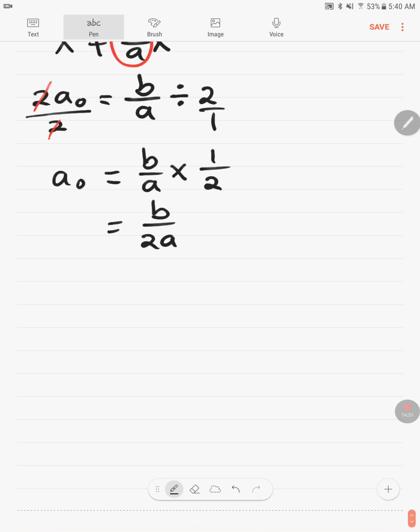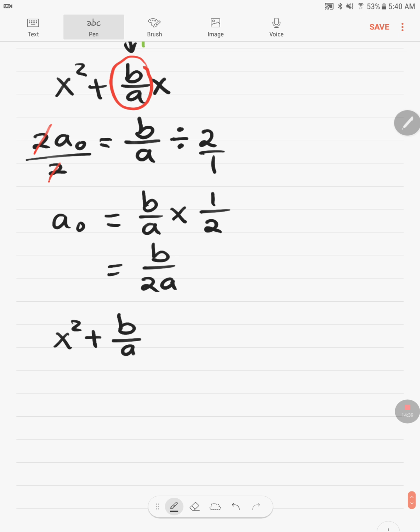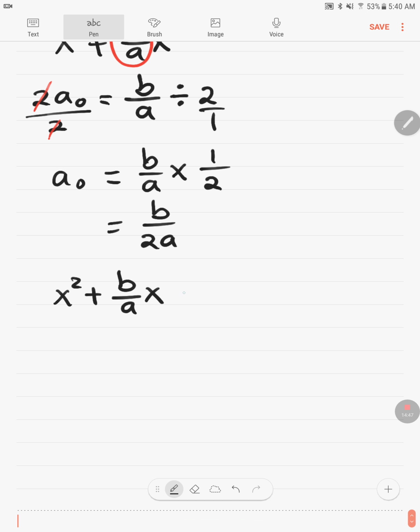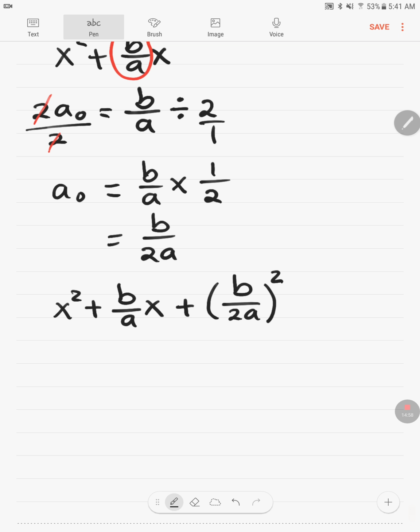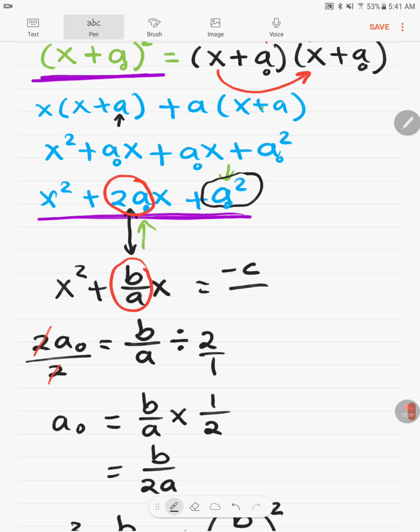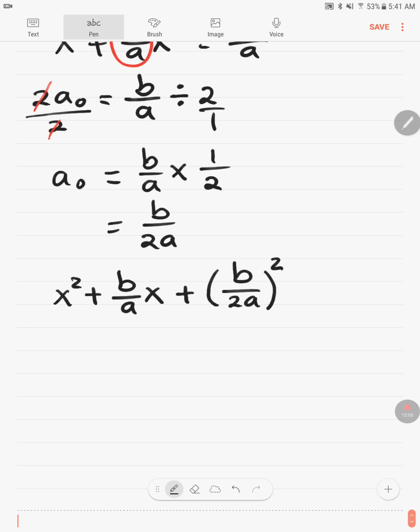Now, if we take this x squared plus b over ax, now we need to add this a0 squared to make it into a perfect square. So a0 is here, so we need to add b over 2a squared, and to keep the equality, we could also subtract it.